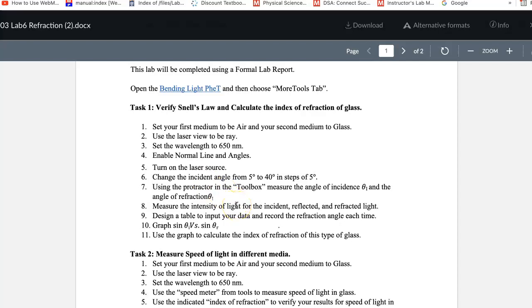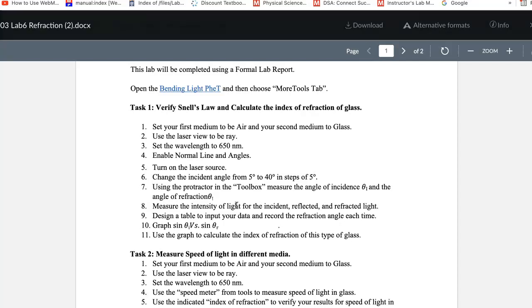I want you to use the protractor in the toolbox to measure the angle and also to measure the intensity of light for the incident, reflected and refracted. Then you are going to design a table to input your data and record the refraction angle each time. Remember, the simulation is going to give you the angle in degrees, but we need to convert this into radians because Excel deals with radians only.